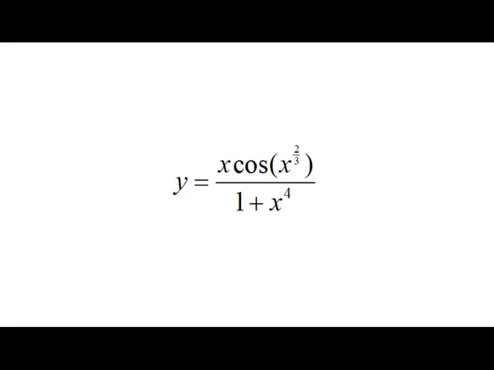Hence, by product rule, x cos x to the power 2 upon 3 is continuous. By sum rule, 1 plus x to the power 4 is continuous as the polynomials 1 and x to the power 4 are continuous everywhere. Then by quotient rule, y equal to x cos x to the power 2 upon 3 over 1 plus x to the power 4 is continuous everywhere, since the denominator is never 0.